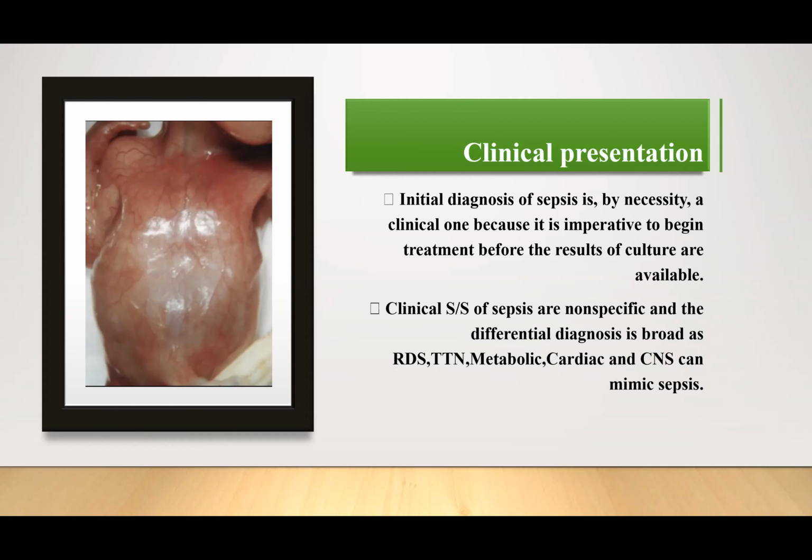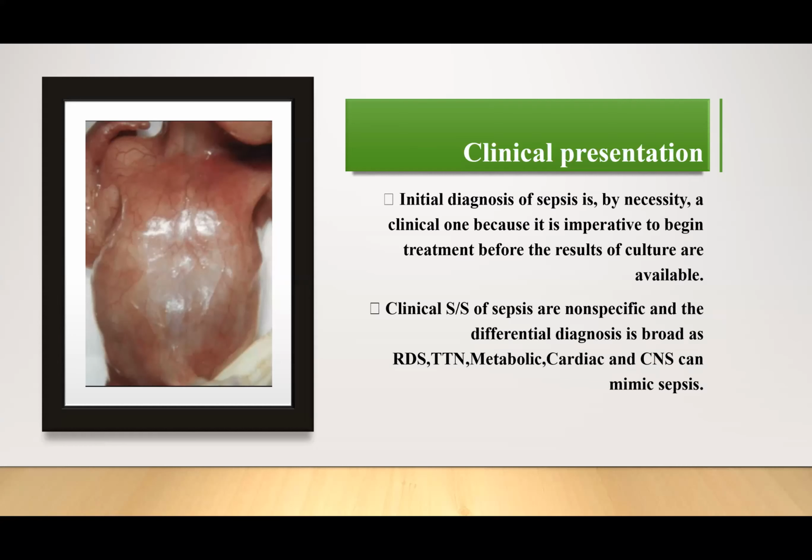So please, if you suspect sepsis, you must collect the investigations and start directly, even with the first line, which is ampicillin and gentamicin. It will take about 36 up to 48 hours to get the result. If it is negative at that time, we can reconsider.